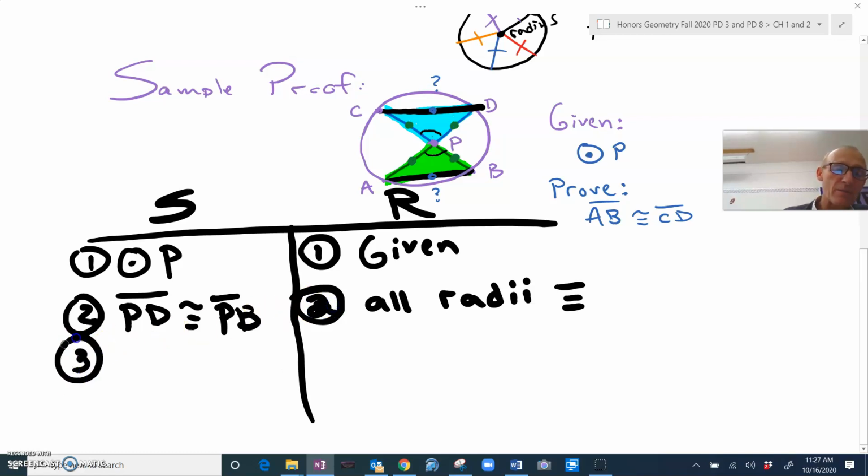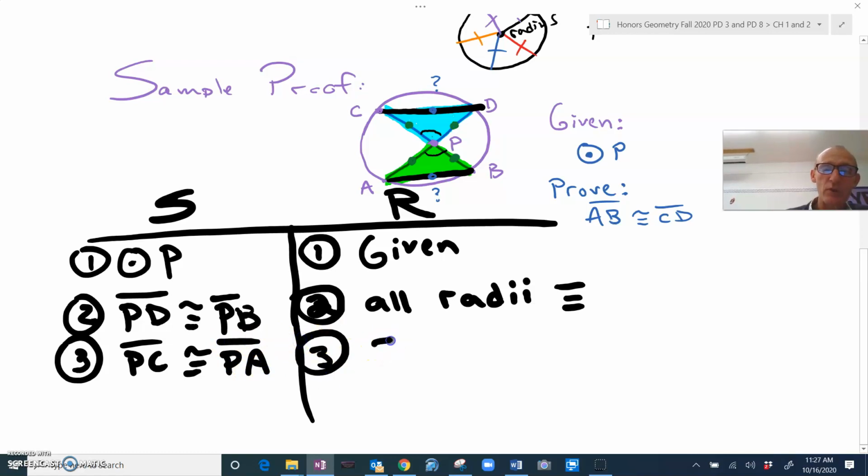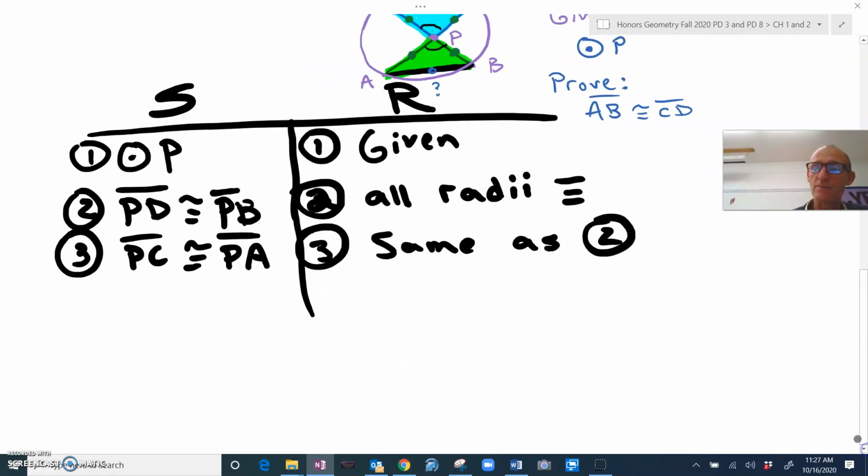This third step is that PC is congruent to PA, and I'm going to write same as 2, because in step 2 we say all radii are congruent.